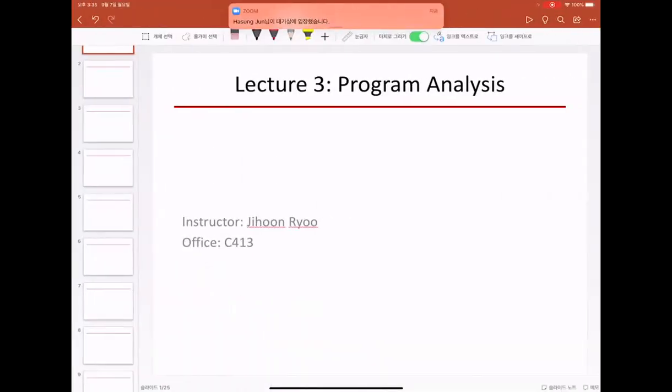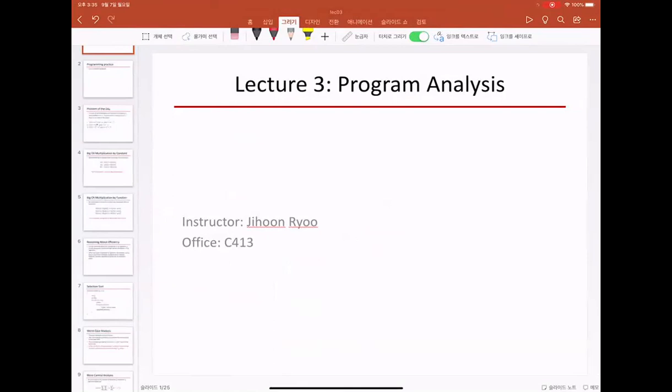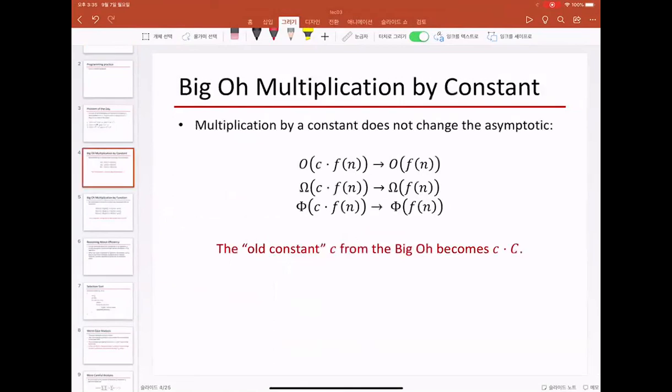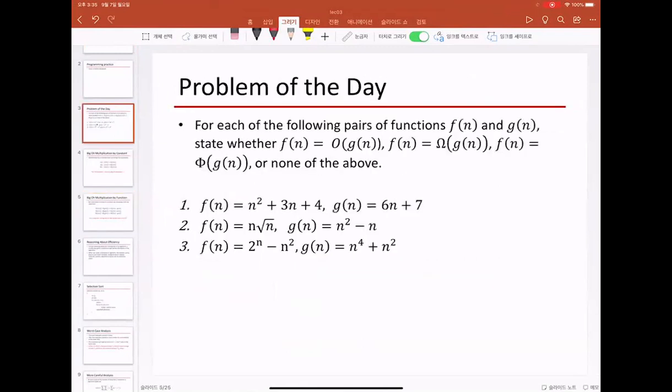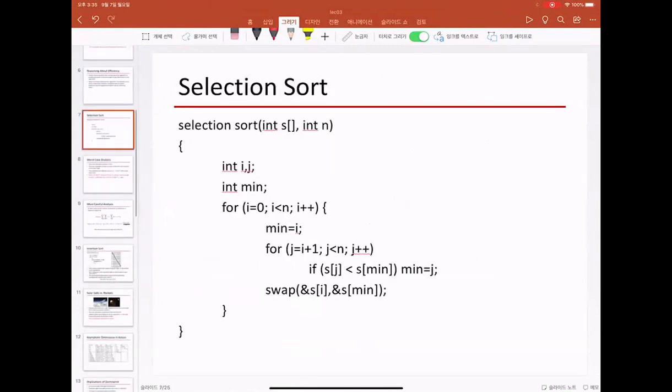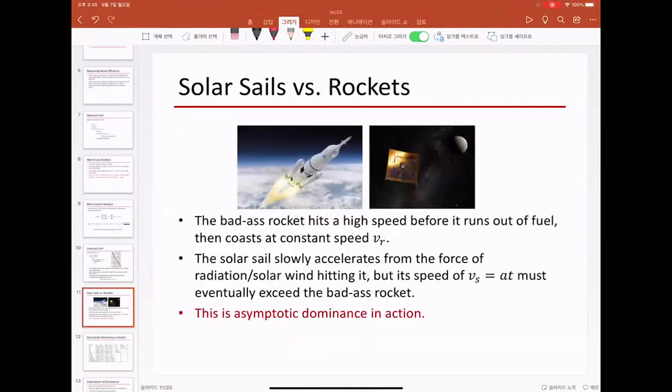In lecture 3, we analyzed programs side by side, and we did some examples, like selection sort and how we can have a theta of n squared. In the end, the smaller values are not what we care about. We care about the ultimate value, when the value is big enough.